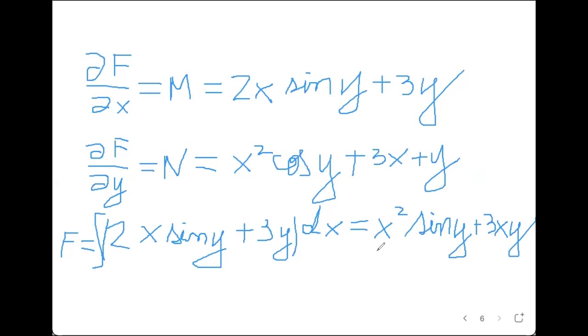And then the antiderivative, as I have said, is only unique up to a constant. In this case, for each individual value of y, we get a different constant. So this constant is actually a function of y, which let's denote by c of y.